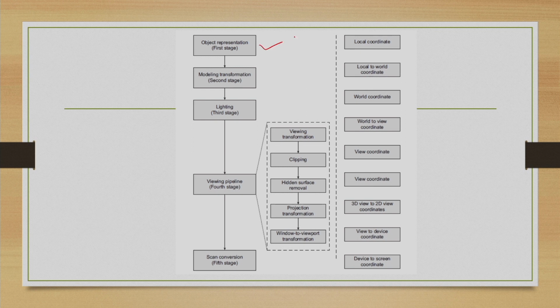we have already discussed the first stage in detail, object representation, then the second stage, modeling transformation, the third stage, lighting or assigning color, the fourth stage, viewing pipeline, and currently we are at the 5th stage, scan conversion or rendering.